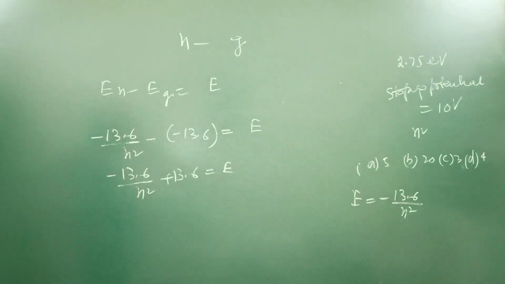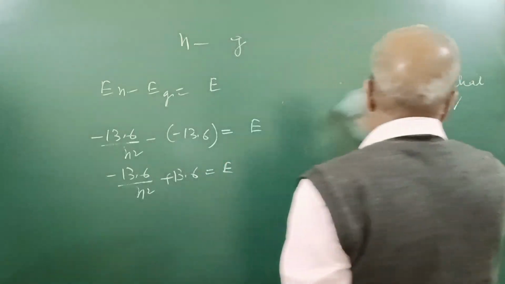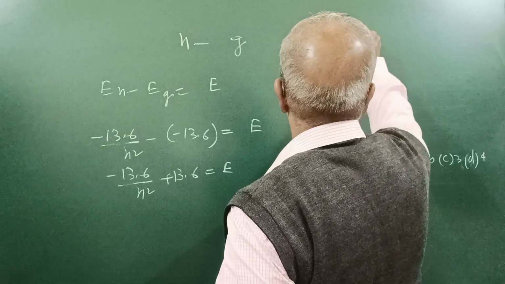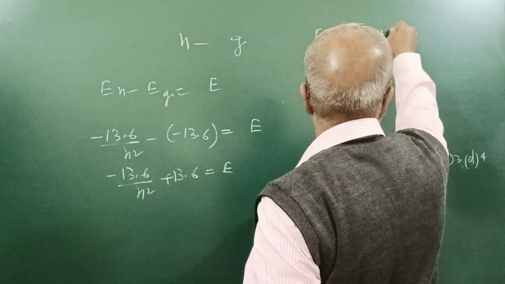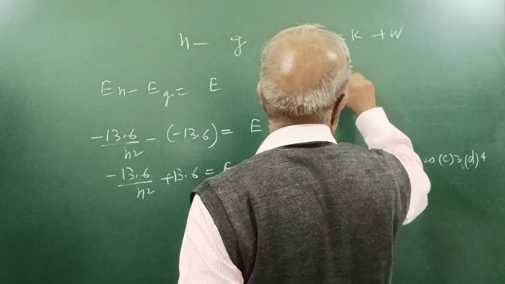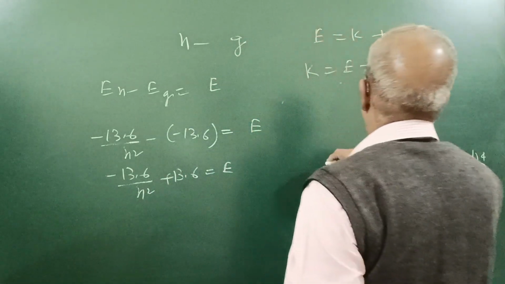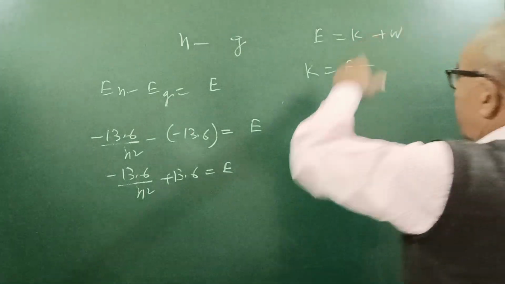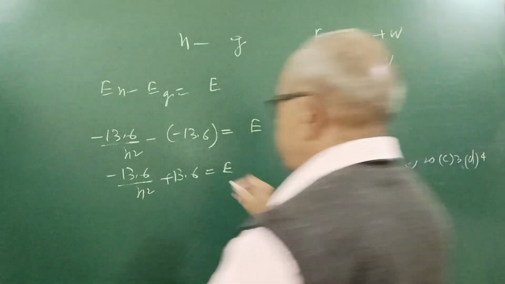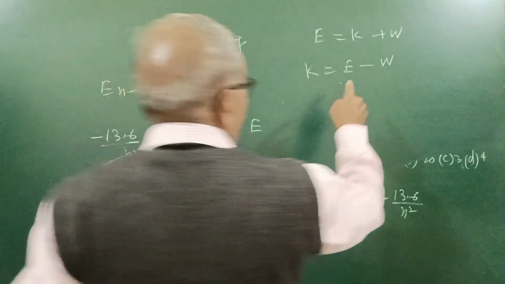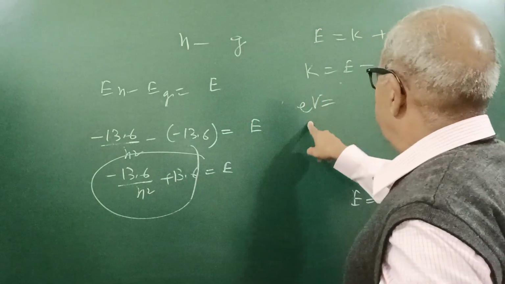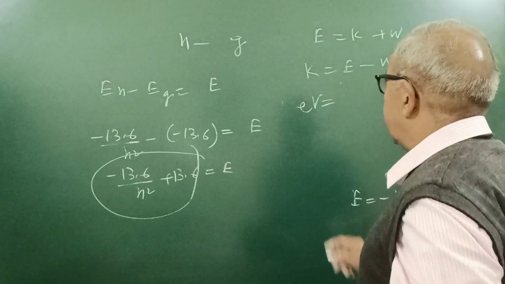In the photoelectric effect, the energy of photon E is equal to the kinetic energy of the photoelectron plus the work function. So kinetic energy K equals E minus W. This kinetic energy equals eV, where V is the cutoff potential, the stopping potential, which is given as 10 volt.